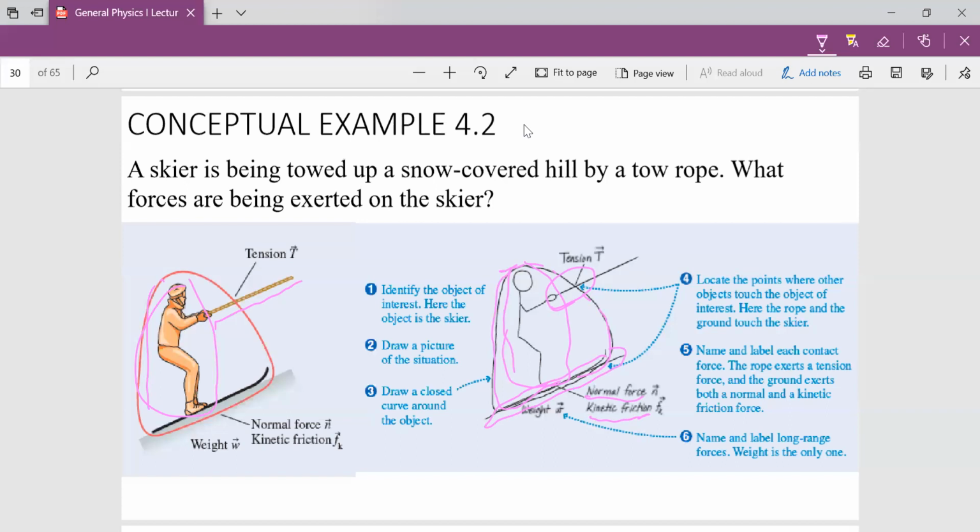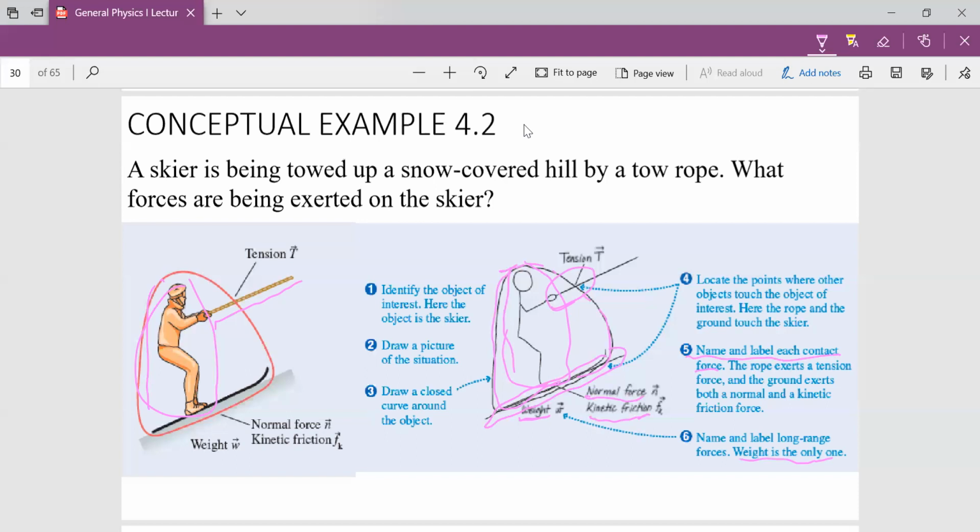And it has the normal force because it's standing, so it's exerting weight on the surface. Then we also have weight, which is the force due to gravity that pulls that object towards the earth. So the contact forces have been identified and labeled, and the long-range force as well. Weight is the only one present in this case.